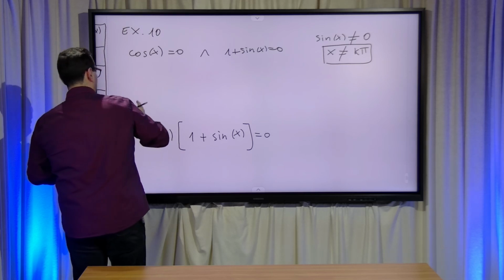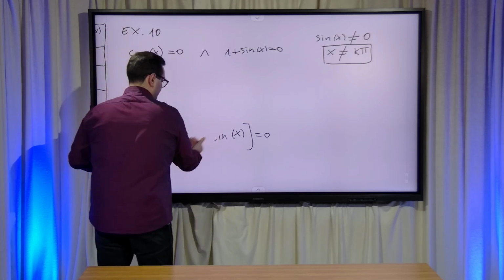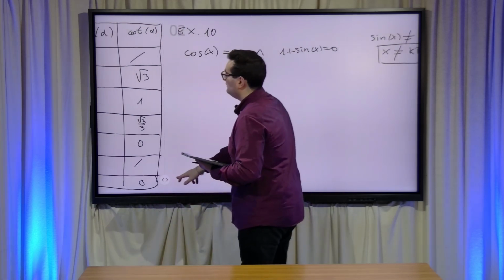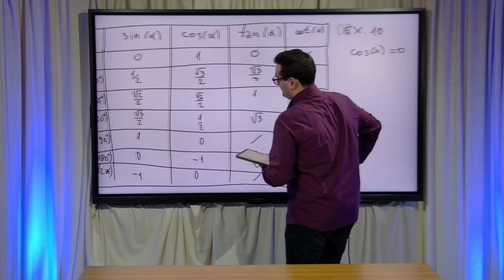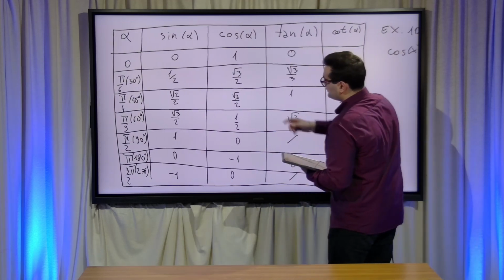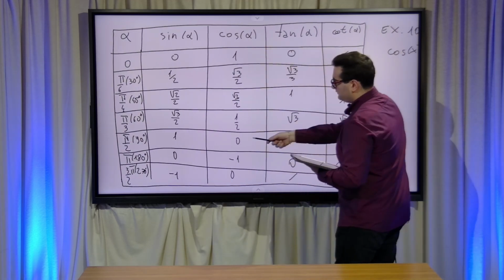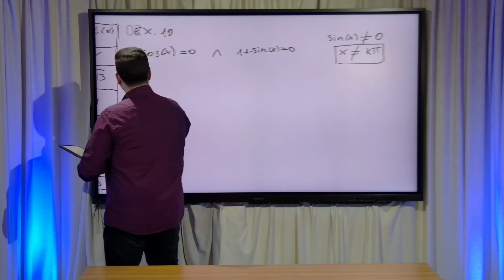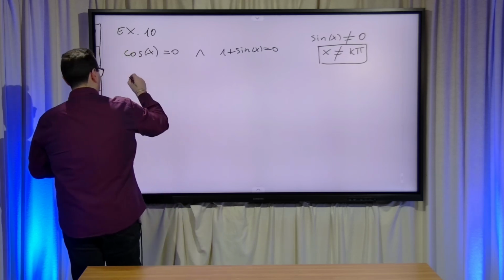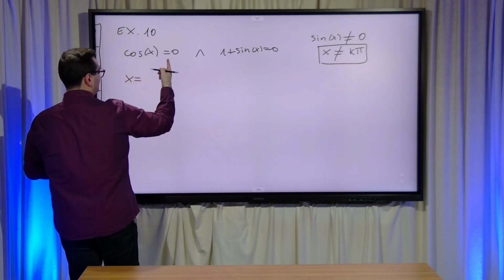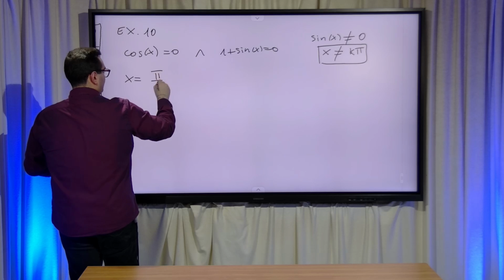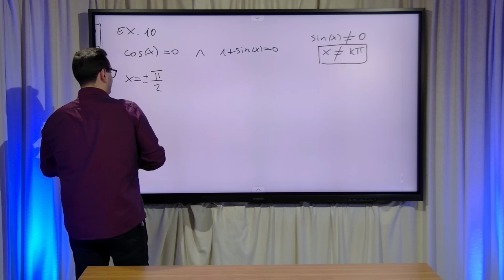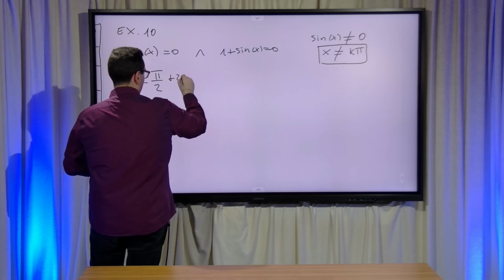So let's look in the table, but it's quite obvious. The cosine of alpha is equal to 0 when the angle is 90 degrees. So x is equal to pi over 2, but I have to consider also the other angle and the multiplicity.